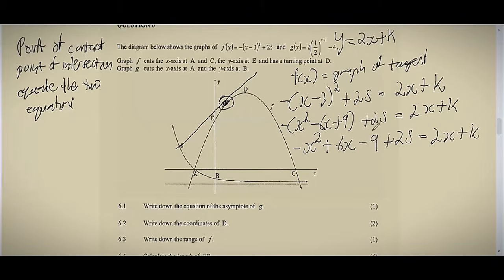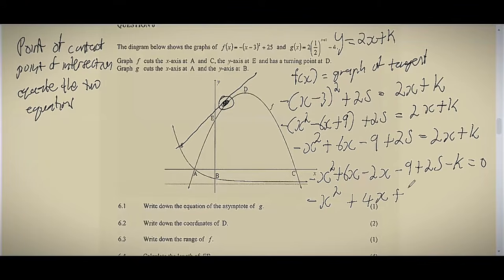Then at this point, what we can do is bring this over. So we have negative x squared plus 6x minus 2x, and then negative 9 plus 25 minus k equals 0. So this will end up being negative x squared plus 4x, since 6x minus 2x is 4x, then plus 16 minus k equals 0.